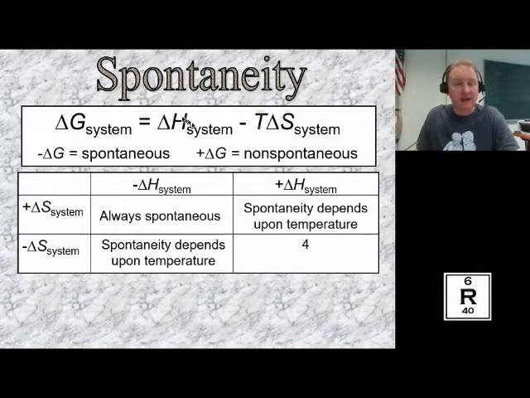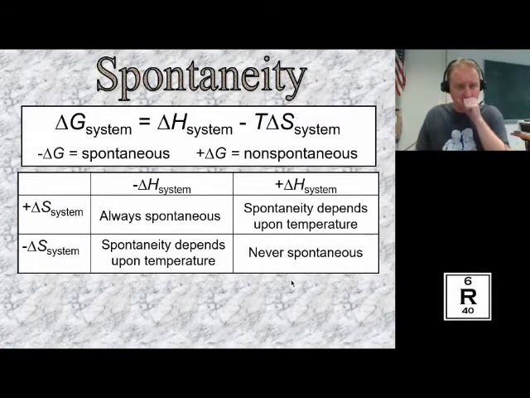So 10 minus negative 10 would be the same as saying 10 plus 10, which is positive. No matter what numbers I put in here, this is always going to be a positive number. This will always be non-spontaneous. So endothermic reactions that have a negative change to entropy will never be spontaneous.